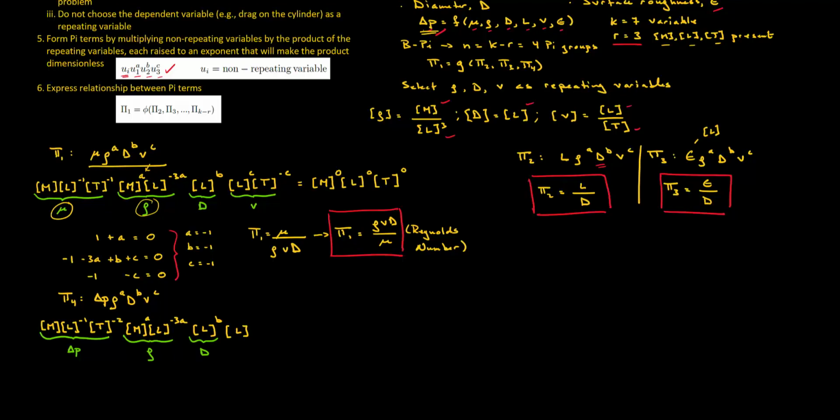So that's L to the C, T to the -c. Velocity. And we want to equate this to m to the power 0, L to the power 0, and t to the power of 0. We want to non-dimensionalize each primary dimension.